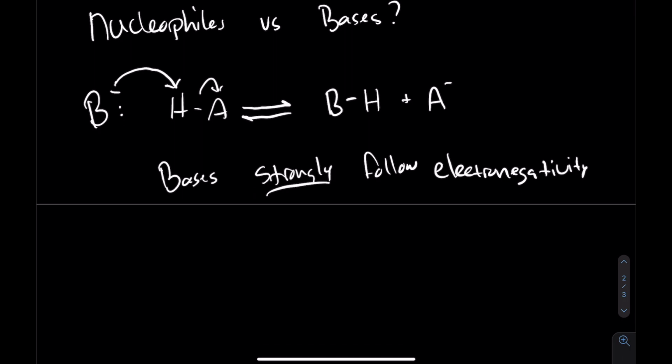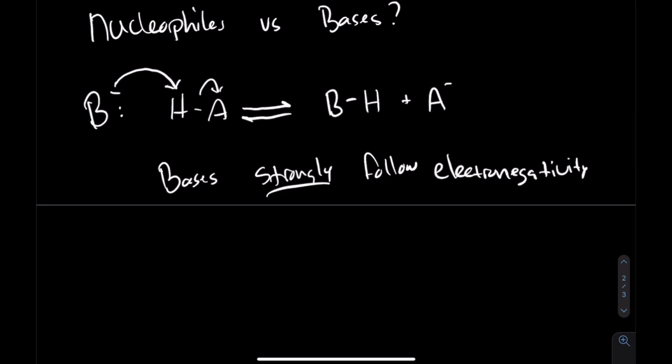Nucleophiles do not, all right? Nucleophiles actually do not strongly follow electronegativity. They follow something a little bit more complicated than electronegativity. They follow the softness of the atom in question. The softer an atom is, the more nucleophilic it is. Of course, it's really got to be able to like electrons, but it has to be a bit soft.